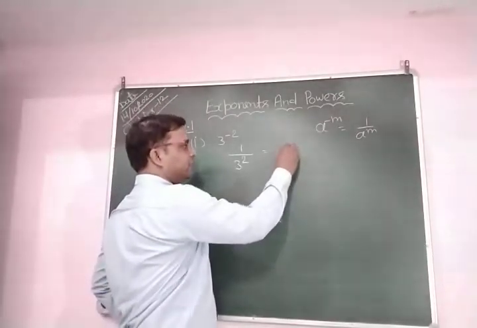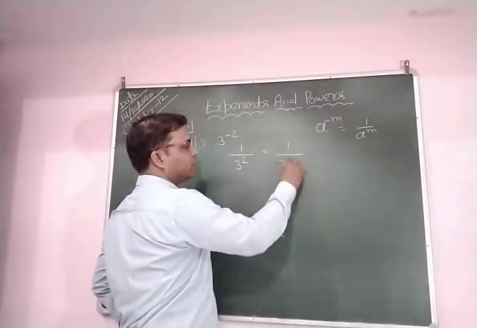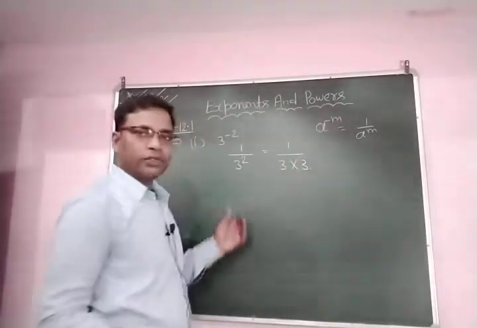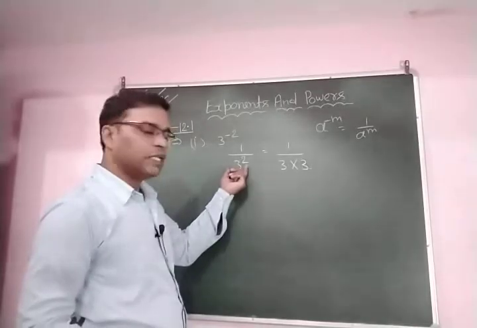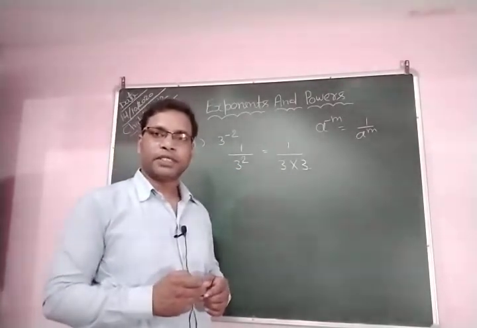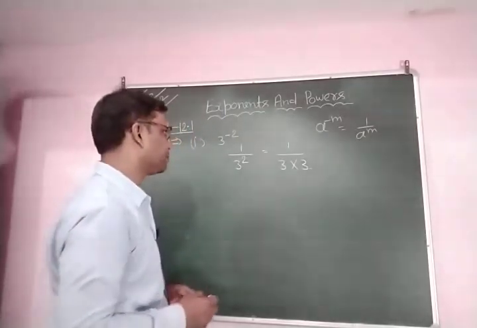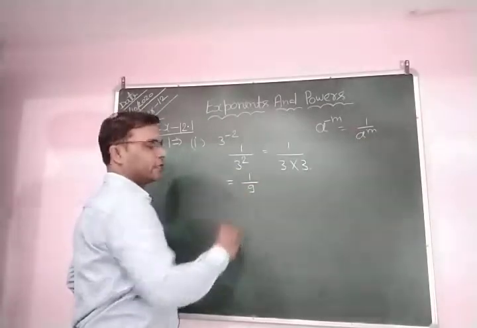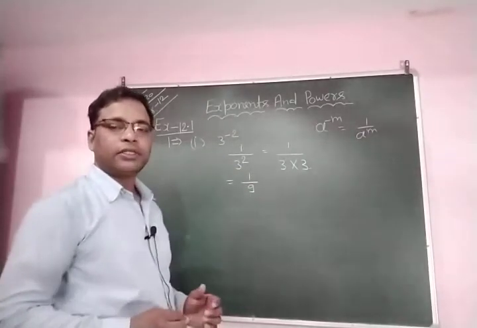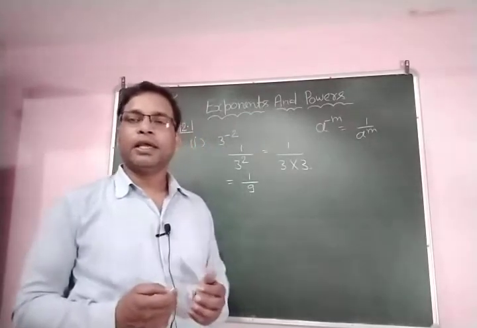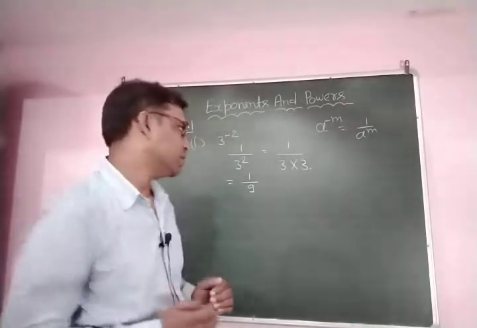So we can write it as 3 into 3, because 3 power 2 means 3 multiplied 2 times by itself. Now this is equal to 1 by 9.